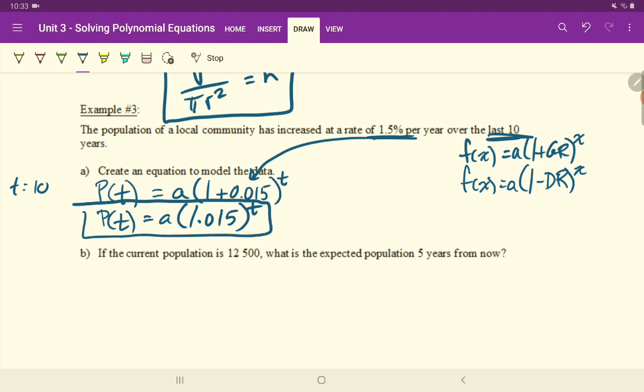So that means we can now sub in values for a to figure out what we need here. And actually, I can substitute this 10 in, and let's do that. So we have population.